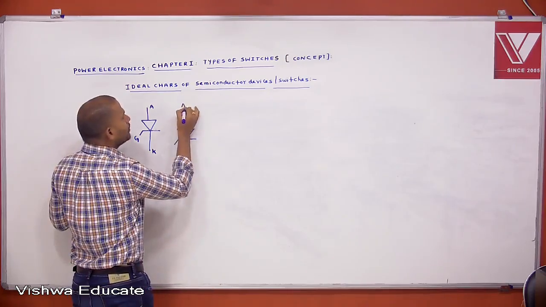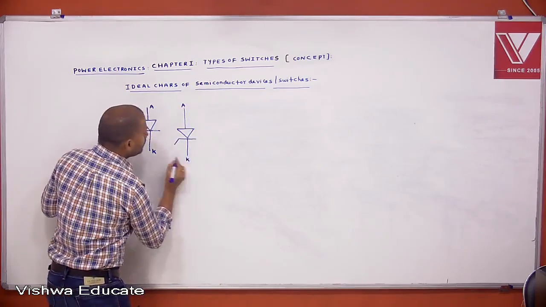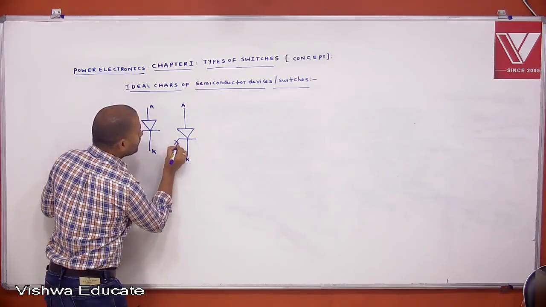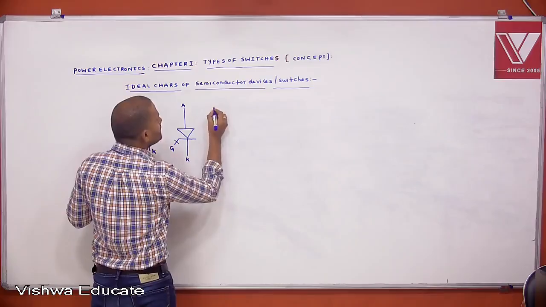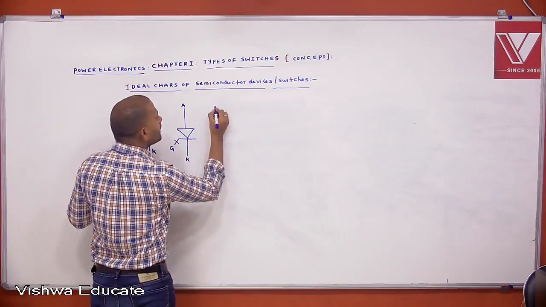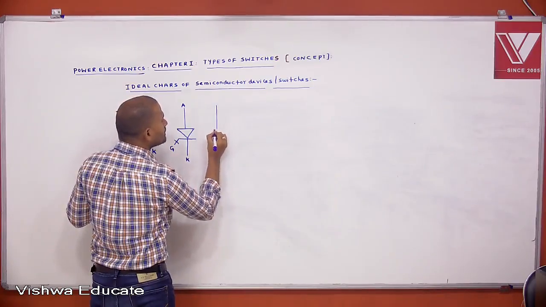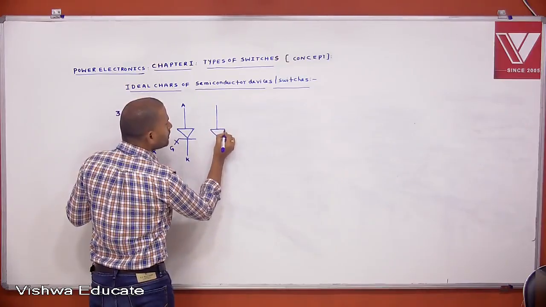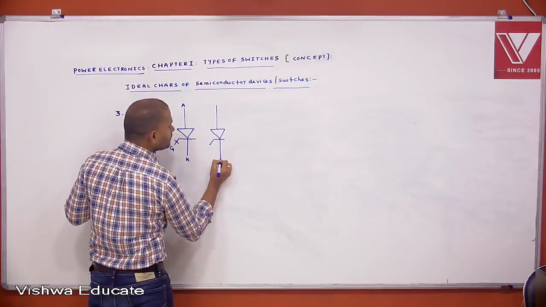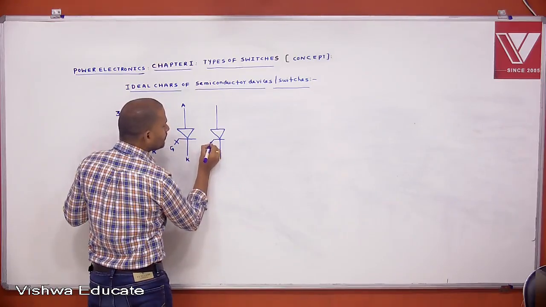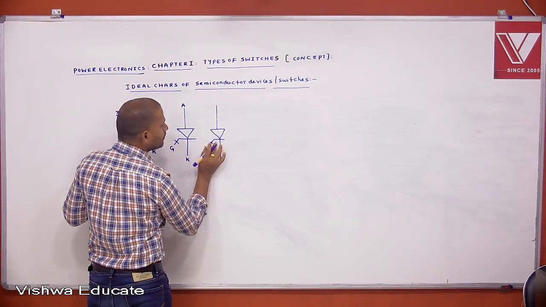This is anode, cathode, gate, represented like this. The symbol for GTO is also drawn like this.